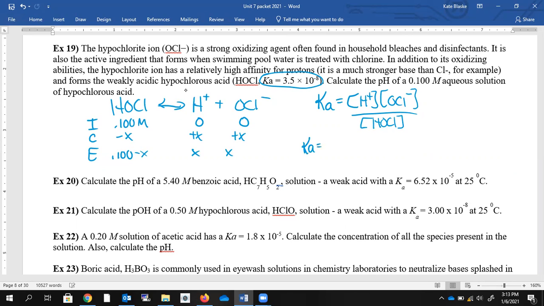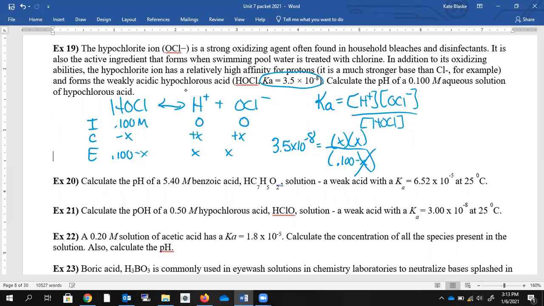After doing enough of these problems, you might not even need to write out the ice chart. So X and X are my products, and the reactant is 0.100 minus X. They tell me that my Ka has a value of 3.5 times 10 to the negative 8th.